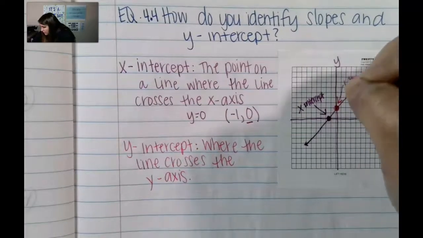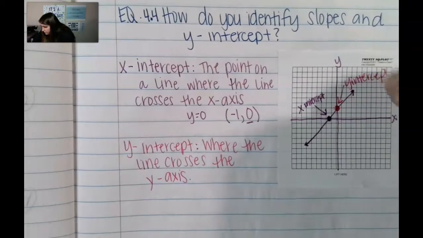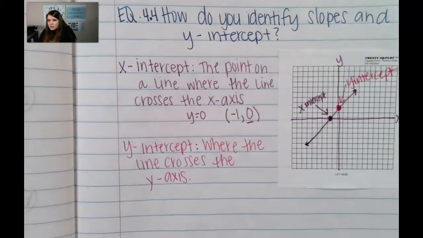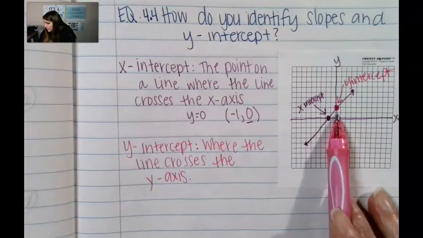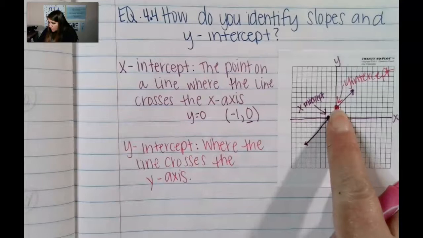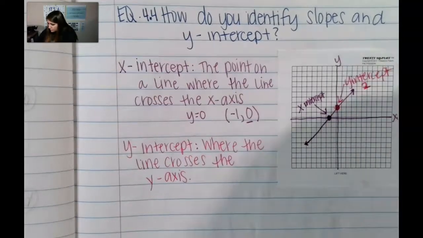Right there, that is the y-intercept. That crosses at +2. I go to 0 and then I go up 1, 2. So this here happens to be a y-intercept of 2.